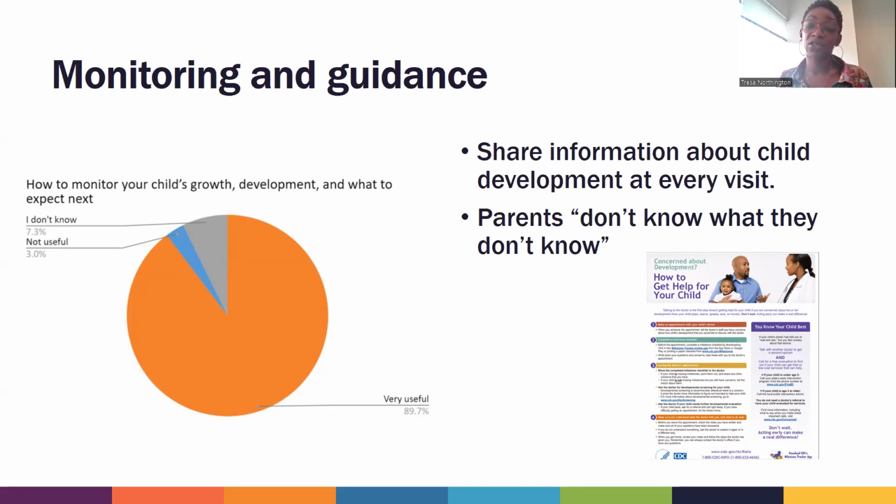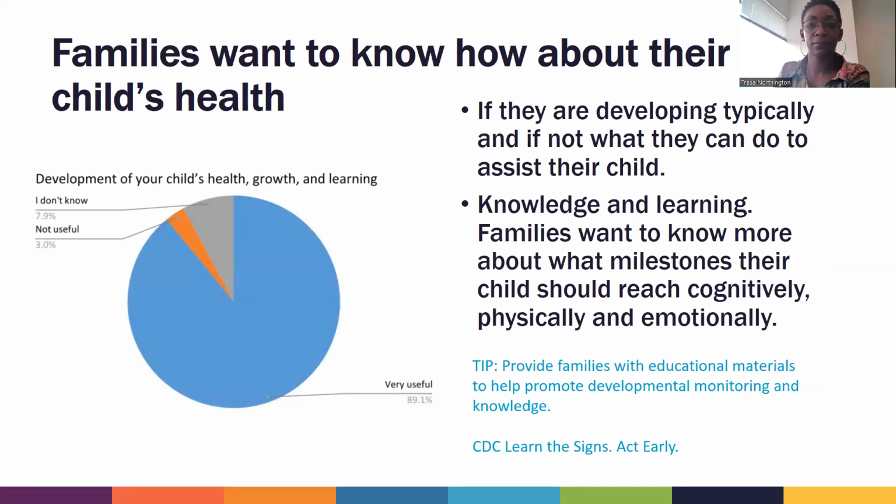So providing information at every visit to every caregiver who comes into that room is another way that we can help them see and help them track. And through free resources such as Learn the Signs. Act Early materials, the Vroom app, 0 to 3, things like that, we can provide them with the necessary resources to monitor, see growth, and know what is to be expected.